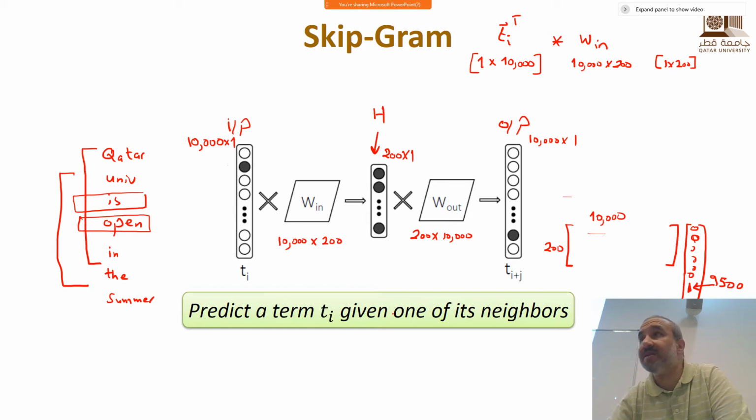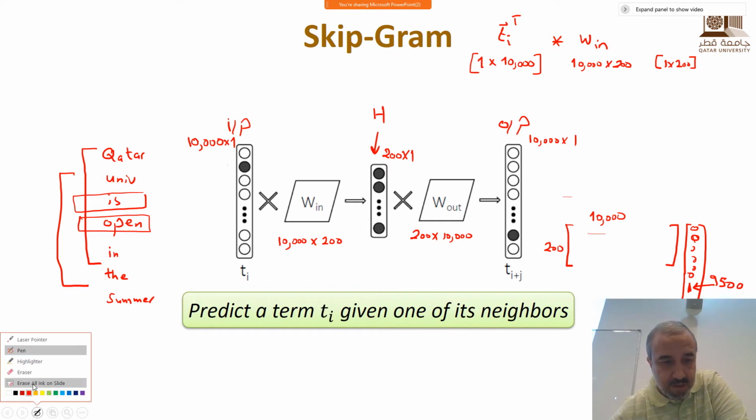How do we multiply a matrix by a vector?